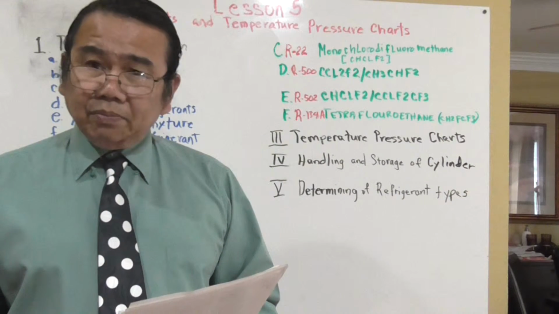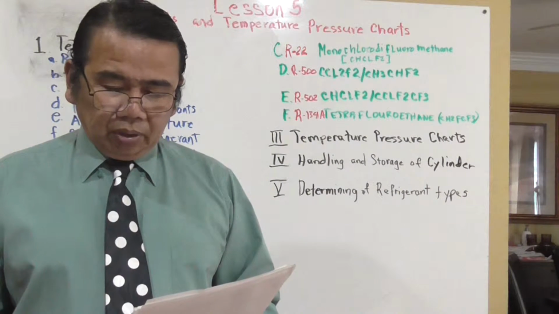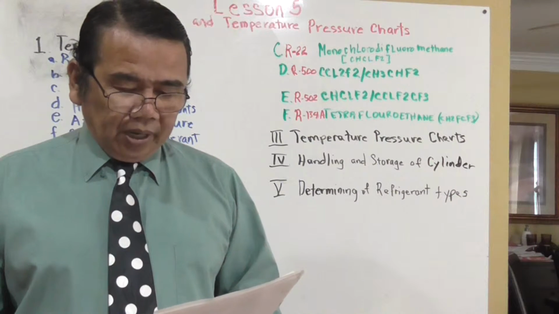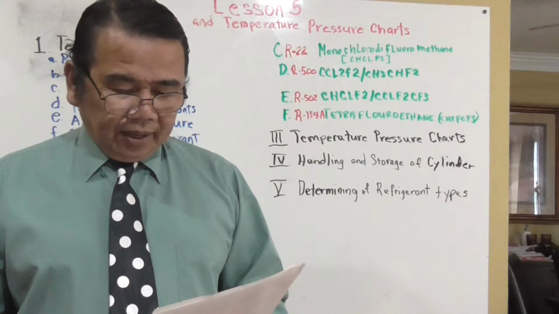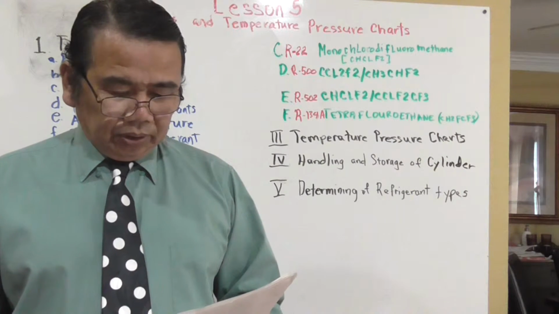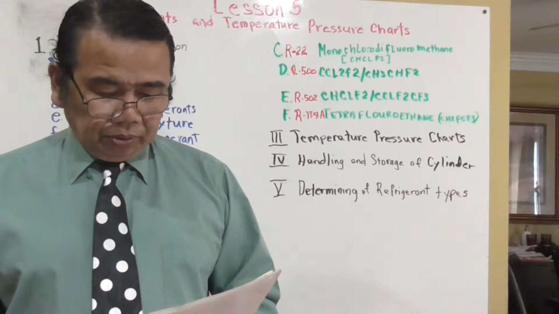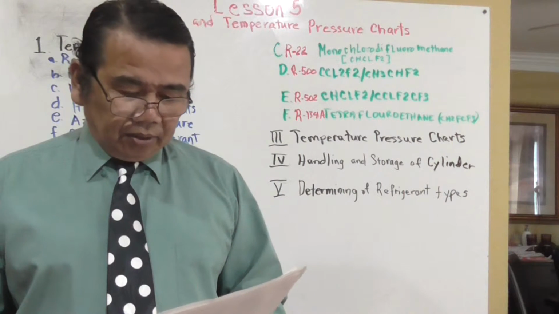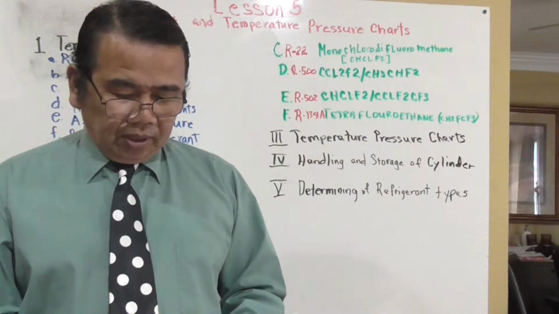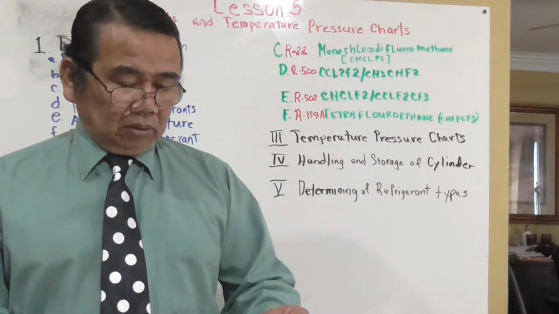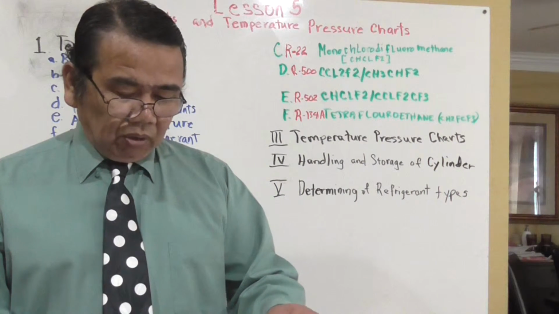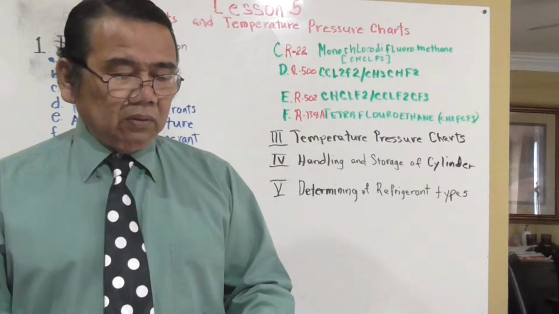Proper dehydration procedure and use of a dryer is strongly recommended. Leaks may be detected by halide torch, soap solution, electronic leak detector, and the cylinder color code is yellow.